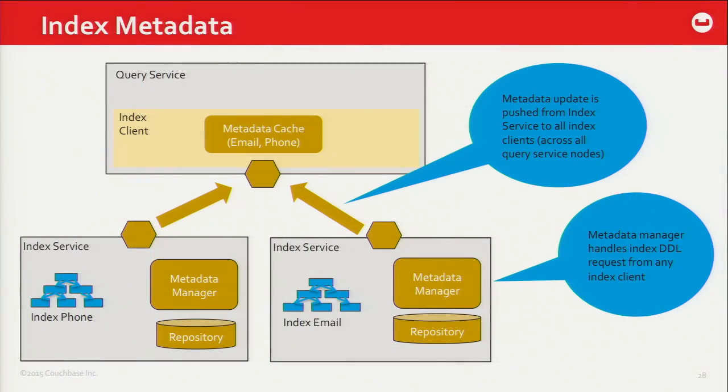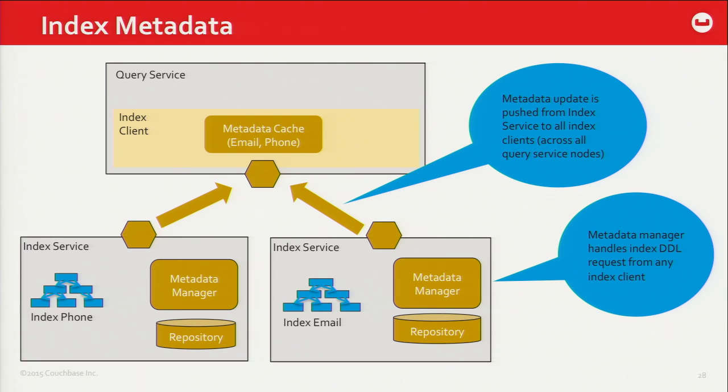So let's peek a little bit further down into the indexer. Inside each indexer there are also metadata managers. What the metadata manager does is receive all the DDL requests. If you create an index, drop an index, or build an index, all these requests go to the metadata managers. Upon receiving those DDL requests, the metadata managers update the metadata repository.